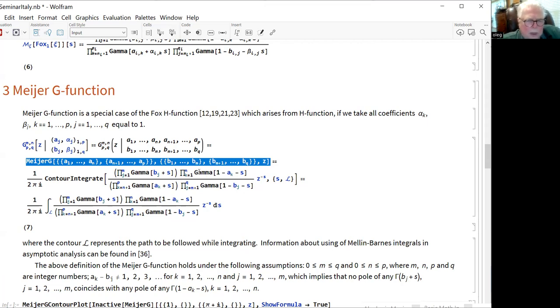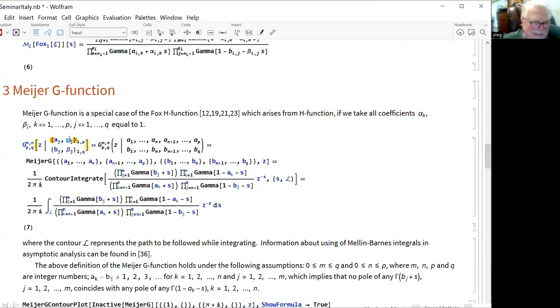Also, I forgot to say in the previous, oh yes, 1, 1, 1 here should be. I forgot to remove 1, 1 on the position of the second coefficient. And this is a component from my previous notation for the Fox function.